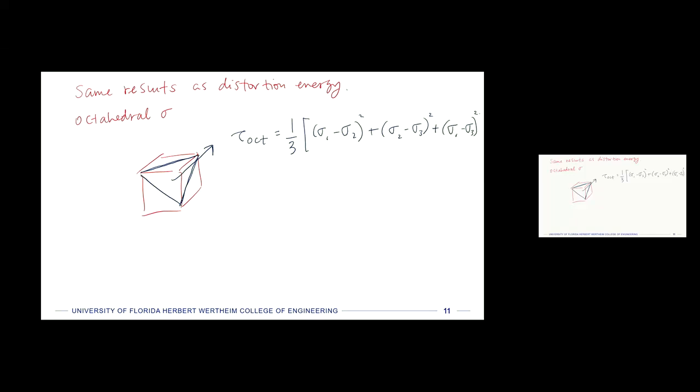Okay. And then we take the square root, so I'll just write a square on that side. Okay. And then the theory says that yielding begins when the octahedral shear stress in some element exceeds the octahedral shear stress in a tension test specimen at failure, right?